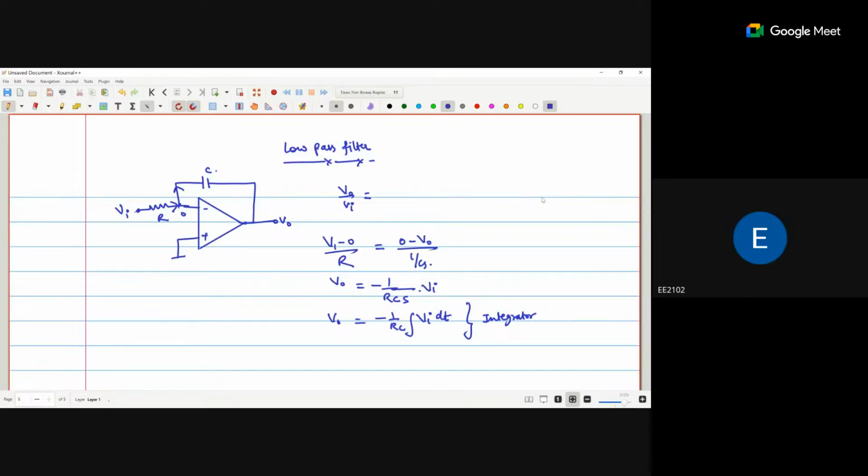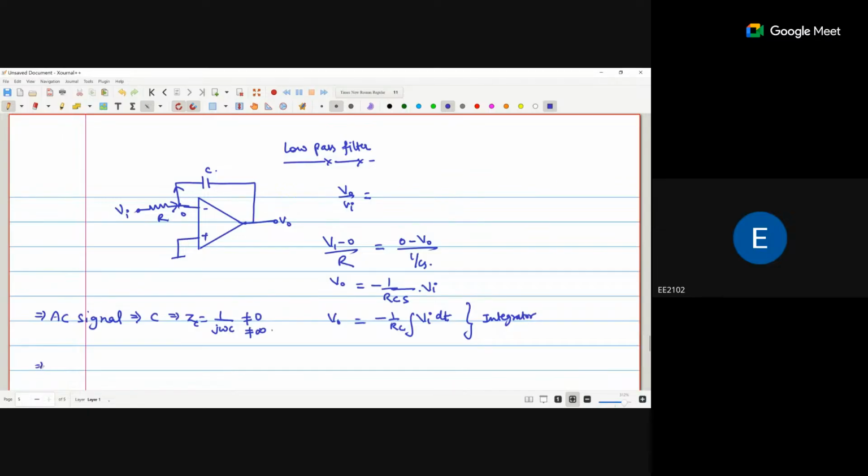Now the thing is that when you are using the AC signal, the capacitor impedance is Z equal to 1 upon j omega C. And omega exists, so that is not equal to 0 or infinite.